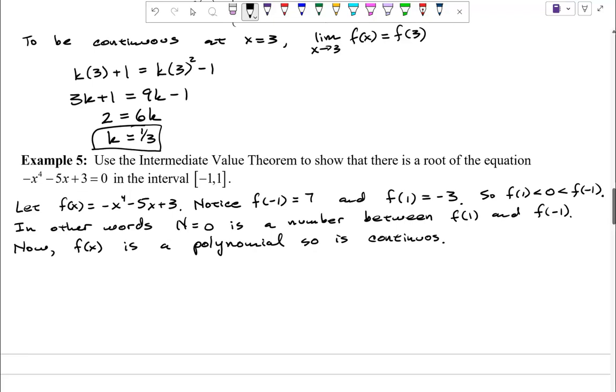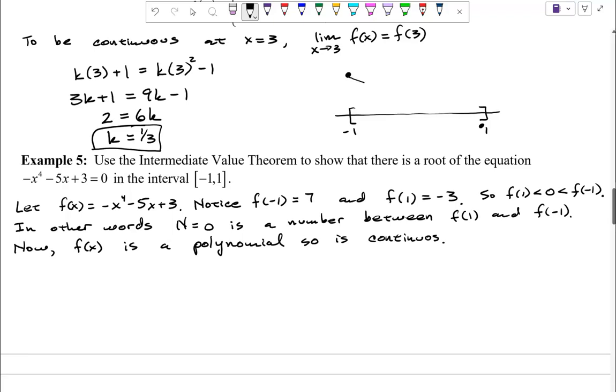Now, basically what the intermediate value theorem says is that we have values here. There's my -1 and my 1. At -1, our graph was way up here at 7. And at +1, we were over here at -3. And our polynomial is continuous.